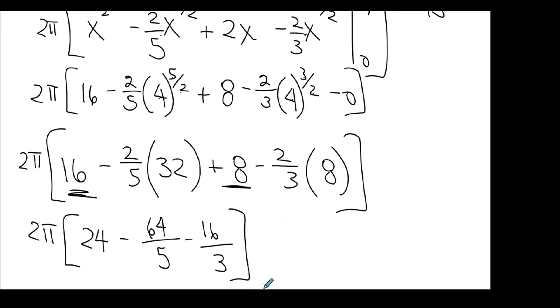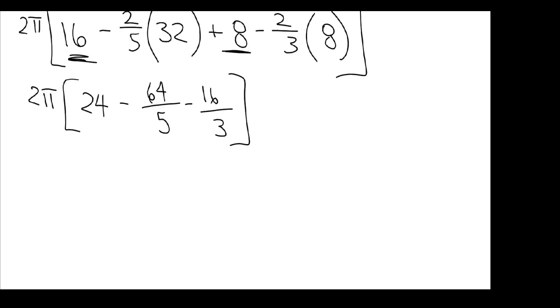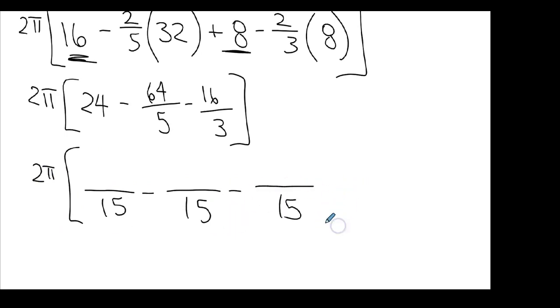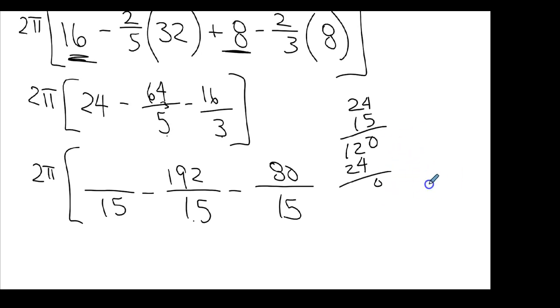We still good? Okay, then I changed it all to 15ths. Three into 15 is 5, so that's 80. 5 into 15 is 3, so that's 192. And then 24 times 15 is 360. That's what I have.